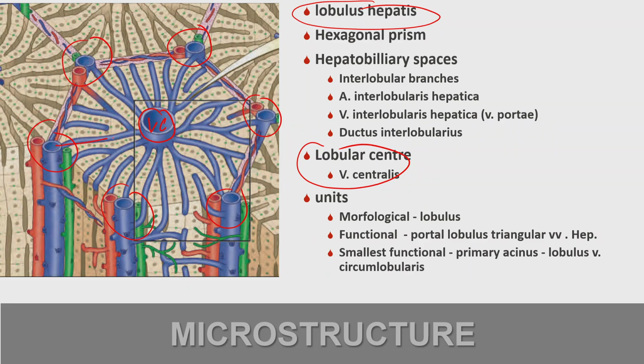The blood is flowing from the periphery, from the hexagonal points, to the central point, the central vein, filling those spaces which are called hepatobiliary spaces, and there is mixed blood from the proper hepatic artery and the portal vein.